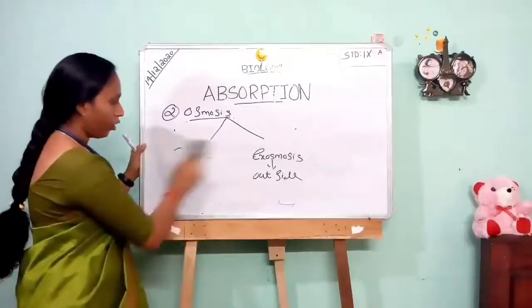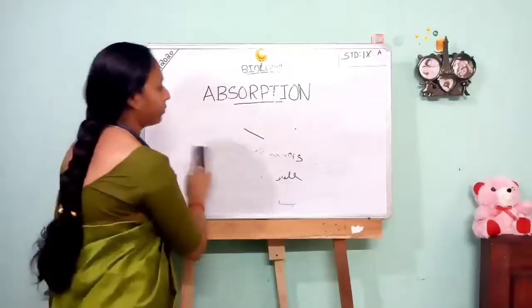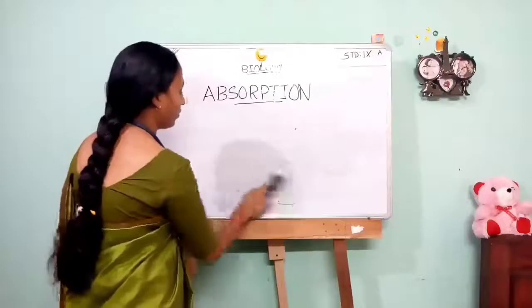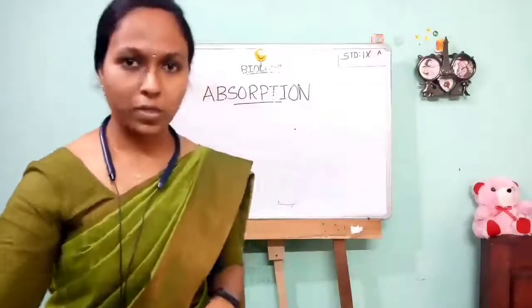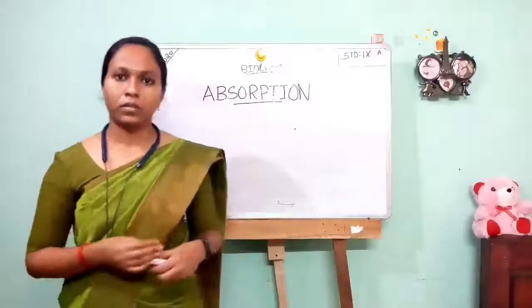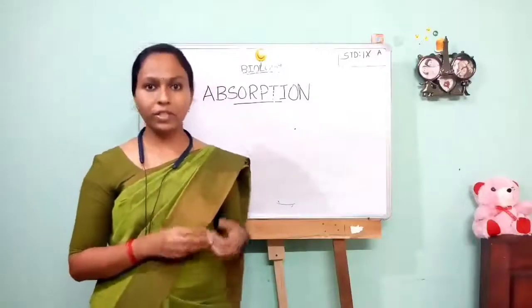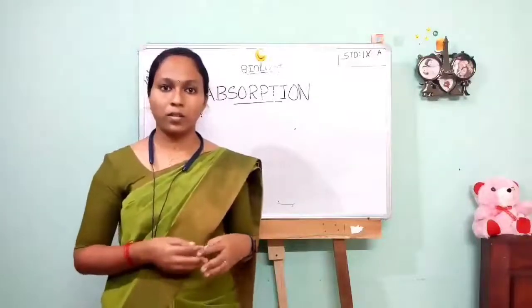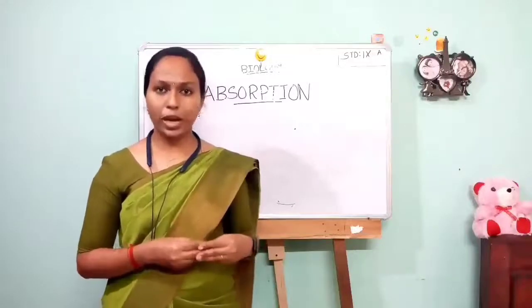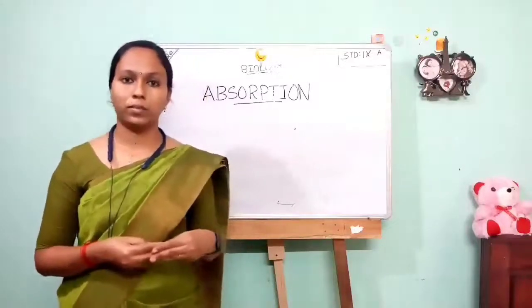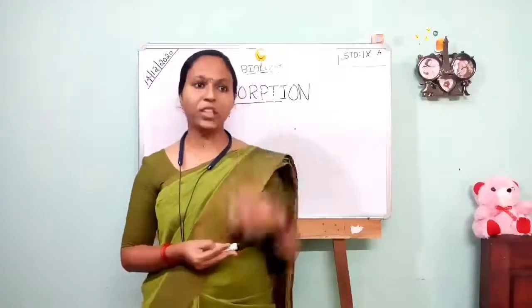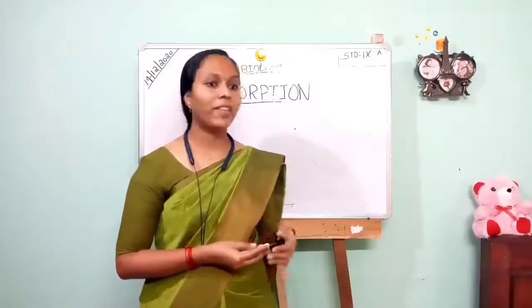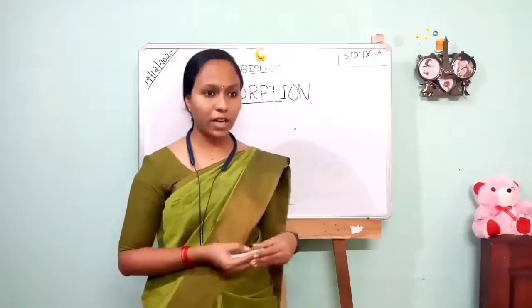Then take your notebook and write down the question. What do you mean by osmosis? The next question is, which are the two types of osmosis? Are you finished? From group 3, who is ready to read the answer? Okay, very good. Stand up and read the question and answer.